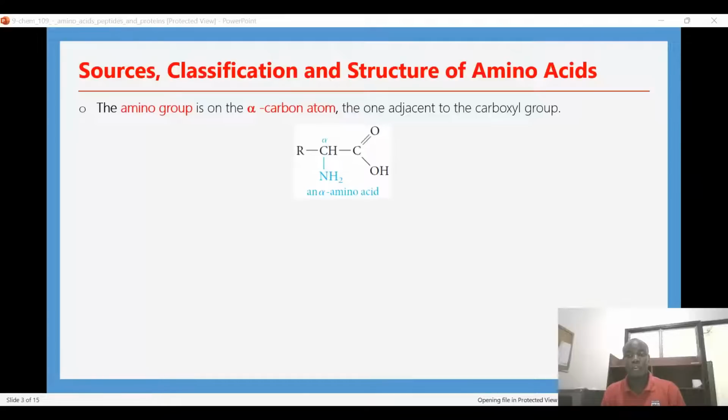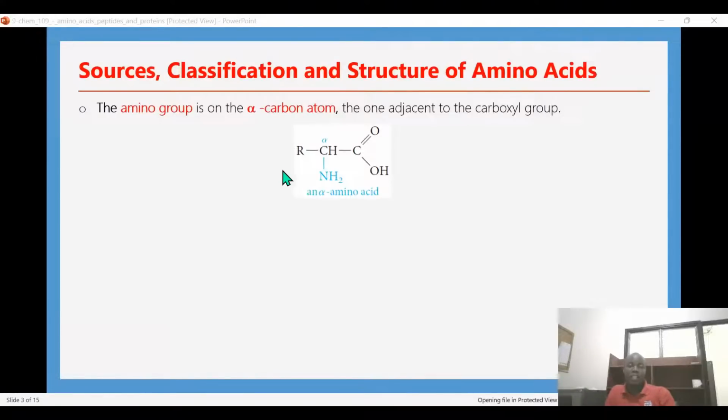An amino acid is a building block of proteins, as we said, but you should understand how the amino acid is made. The amino acid is made of three components. Sorry, four major components.